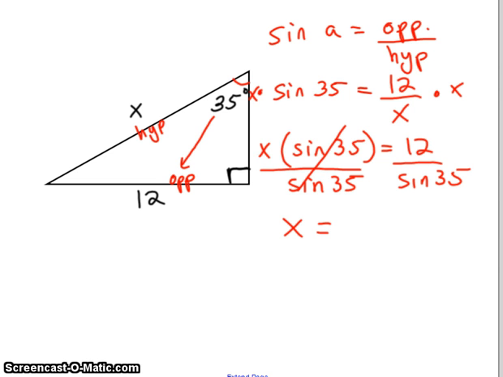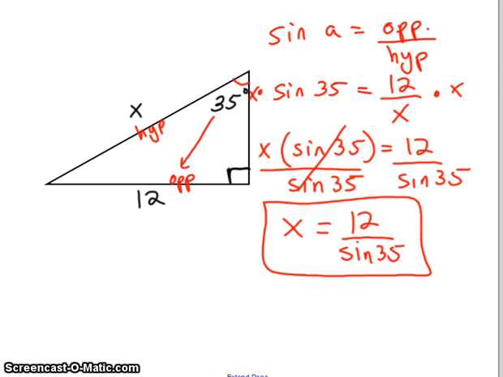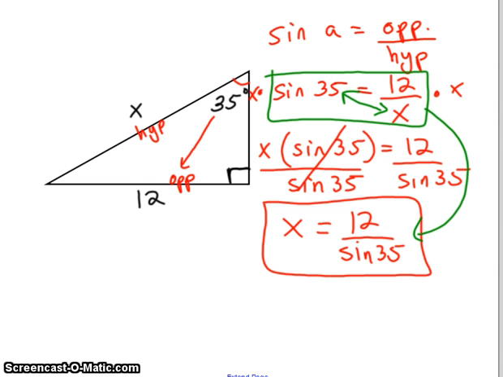So you get x equals 12 over sine 35. Now, the easy way to do this is you have this ratio right here, and instead of multiplying both sides by x and canceling out, what you could do is just switch x and sine 35. It's a quicker way to do this.